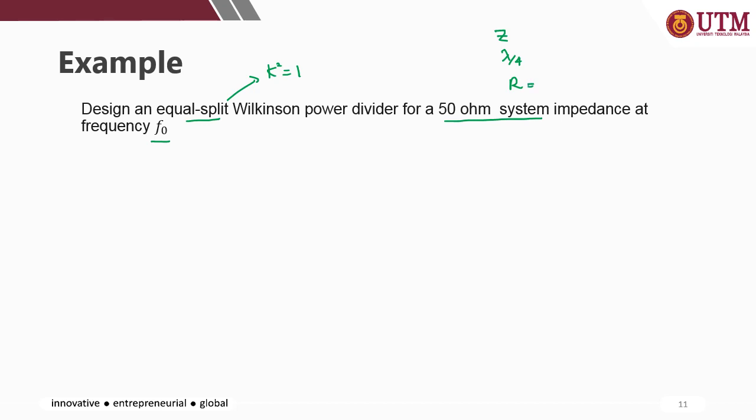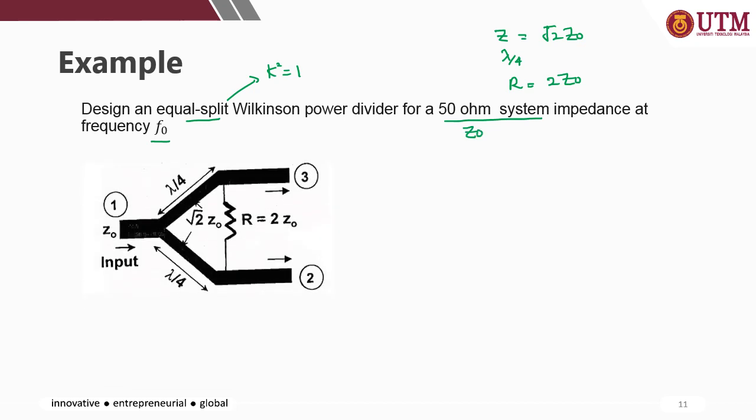For the matched impedance, Z equals root 2 Z0, and R equals 2 Z0. In this case, Z0 is given as 50 ohm.